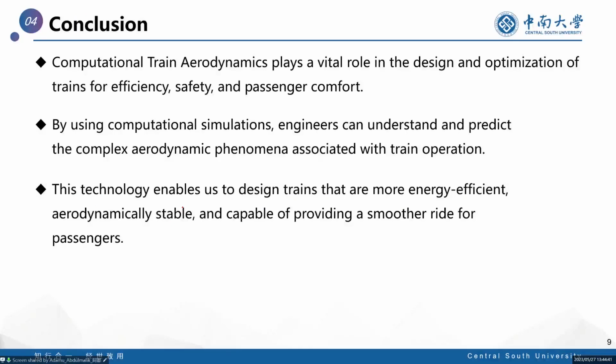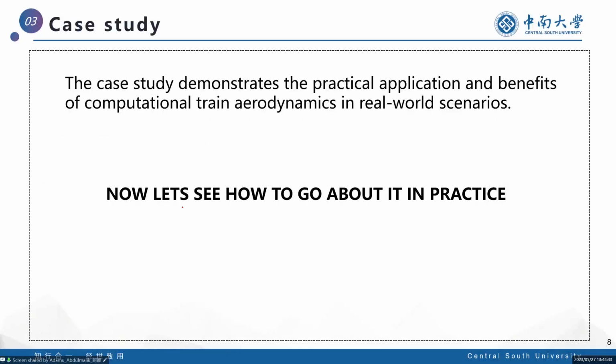So now, the case study. Here we are going to demonstrate the practical application and the benefit of computational train aerodynamics in a real-world scenario. Why do we even need to conduct computational train aerodynamics?